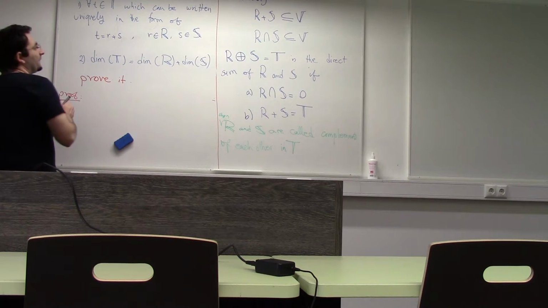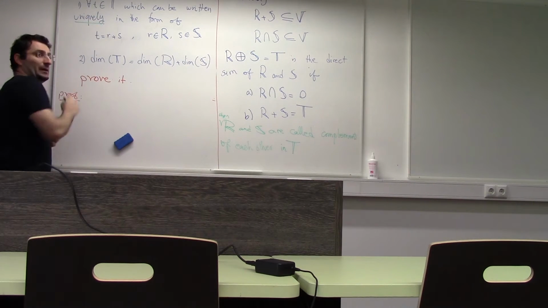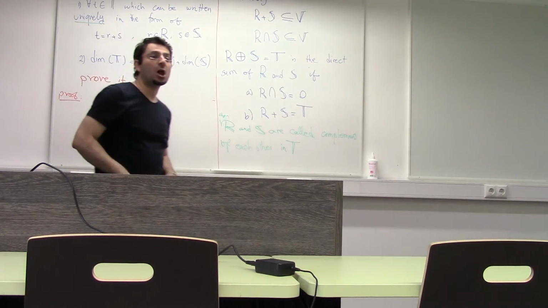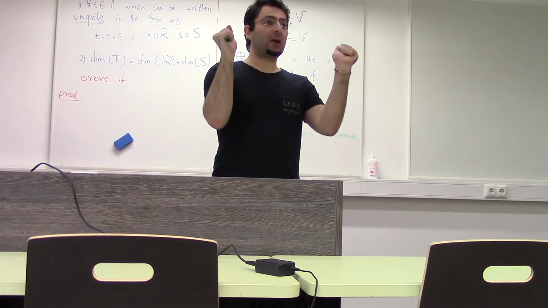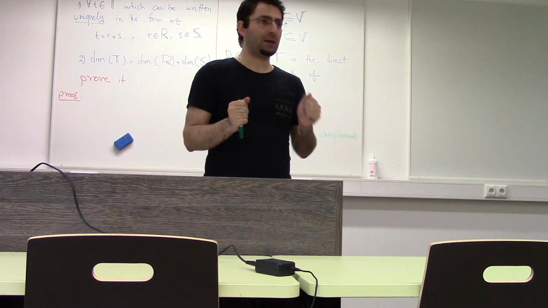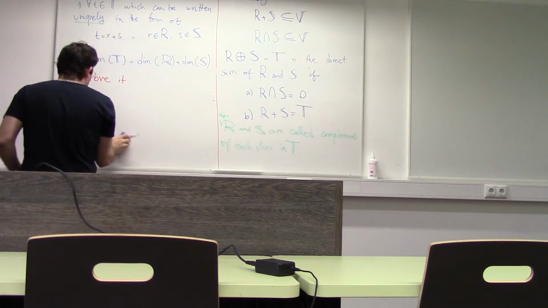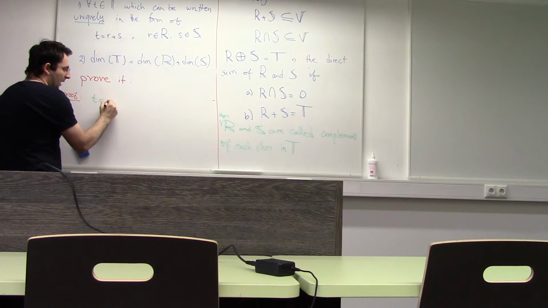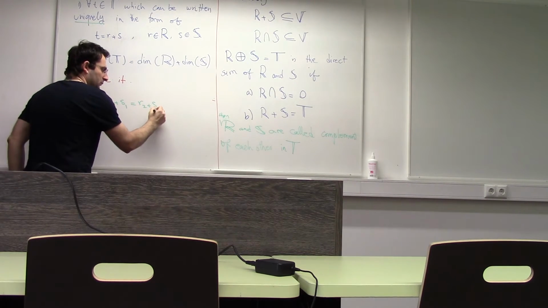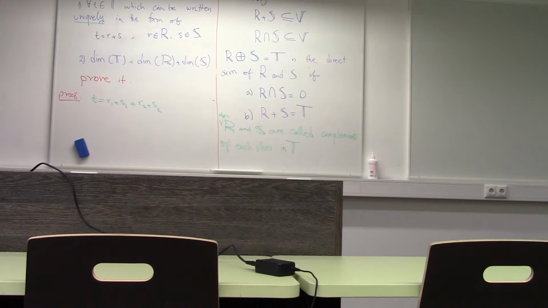It says that we can write it uniquely, right? Let's say we cannot write it uniquely, and we come to the conclusion that that cannot be true. This is one way of proving it, right? So let's say T is R1 plus S1, which is also R2 plus S2, which means that T is not created uniquely.